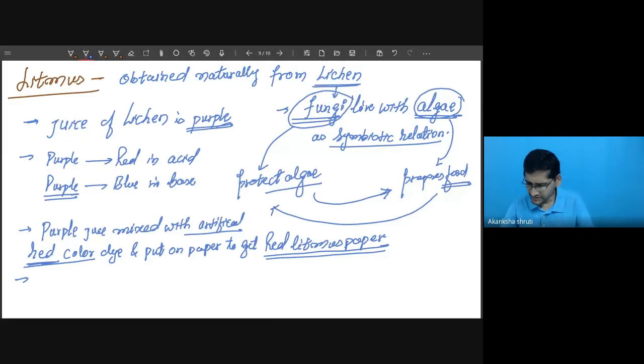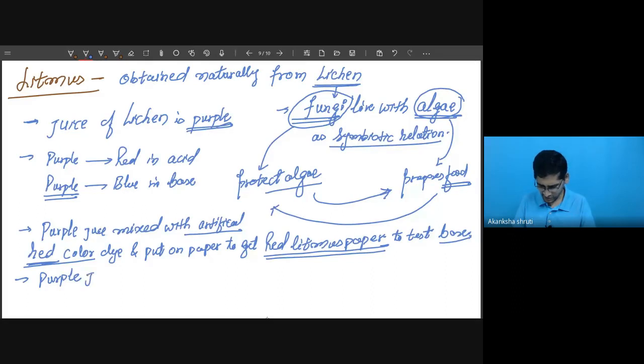So red litmus paper can be used for base only, to test base only. And the same thing for the acid we have to write.